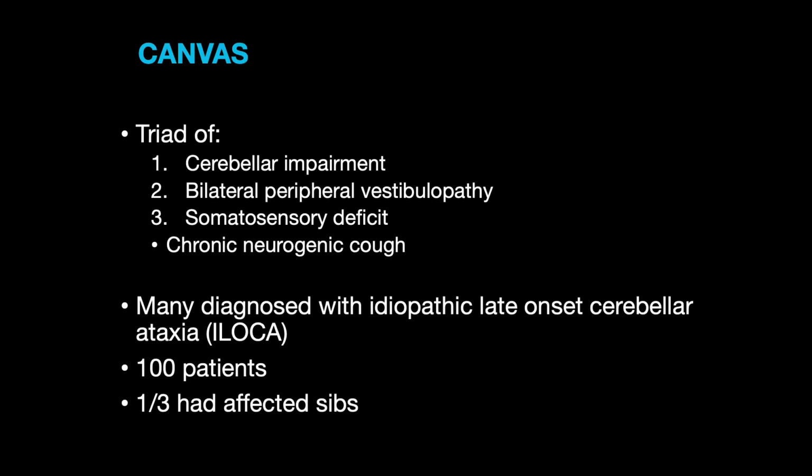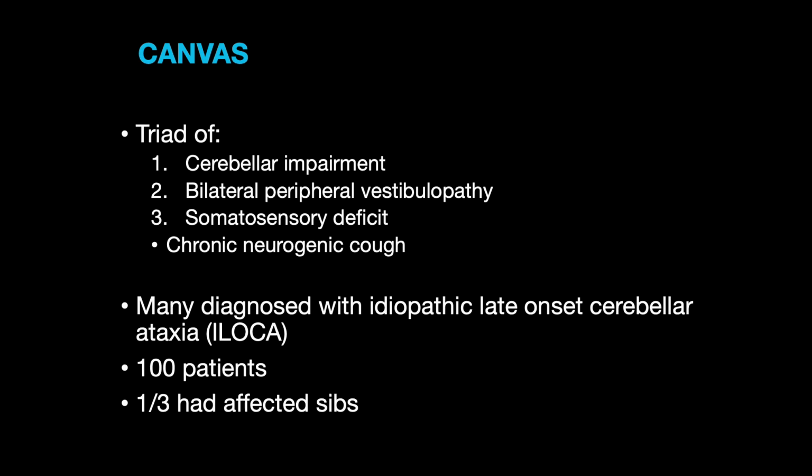So I'll now talk a little bit about CANVAS, which is cerebellar ataxia with neuropathy and vestibular areflexia syndrome. This is the triad of cerebellar impairment, bilateral vestibular hypofunction, a somatosensory deficit, and a chronic neurogenic cough.